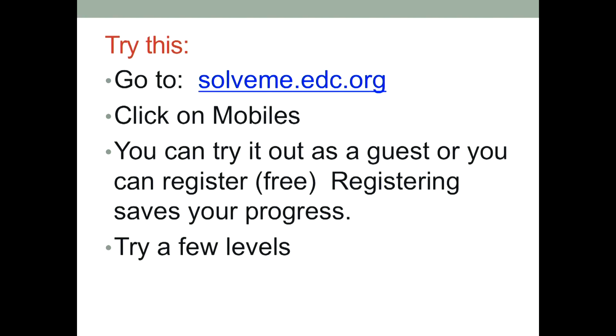If I could have your attention back to the front of the screen, I want another tab up. This one is called solveme.edc.org. When you get to this particular screen on solveme.edc.org, you'll have 3 choices. I want you to click on the mobiles.